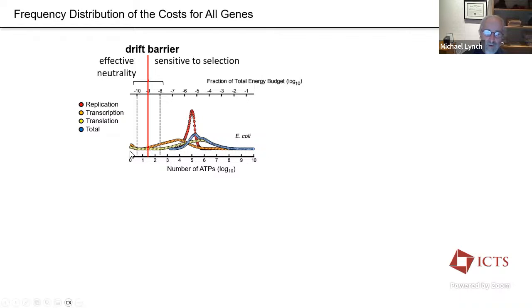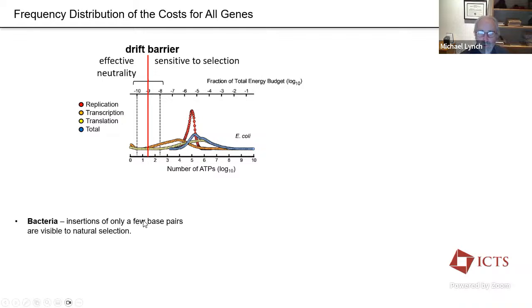If you reside to the right of this, selection can see everything effectively in E. coli. And you can see essentially all E. coli genes. These are probably just some misannotated genes in the genome. But in E. coli, almost everybody lies far, far to the right of the drift barrier, orders of magnitude. So effectively, from a bioenergetics perspective, selection could see anything in E. coli.